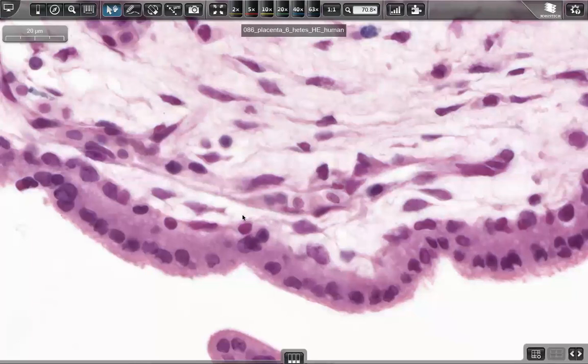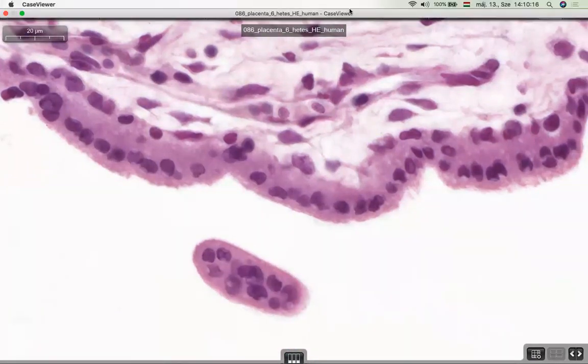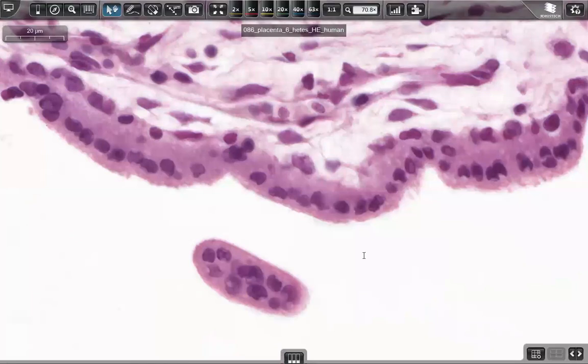And this is the lamina basalis of the endothelial cells, and here are the nucleated red blood cells. That's the place called the intervillous space, the intervillous space for the maternal blood. So the maternal blood fills the intervillous space.